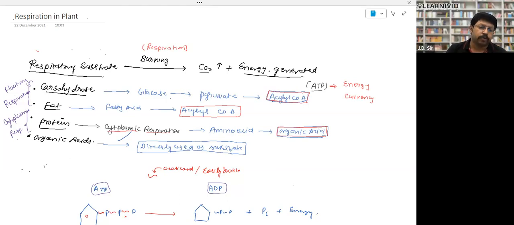But it is not only sugar which is respiratory substrate. Anything which is going to burn inside the mitochondria, providing us energy and the carbon dioxide is coming out, that is called respiratory substrate. Look, carbohydrate, simply we call it sugar. So this is a respiratory substrate. So what will happen? First, carbohydrate is a complex. We have already studied the biomolecule part. So you know what is a polymer, what is a monomer, what is fat, what is protein.